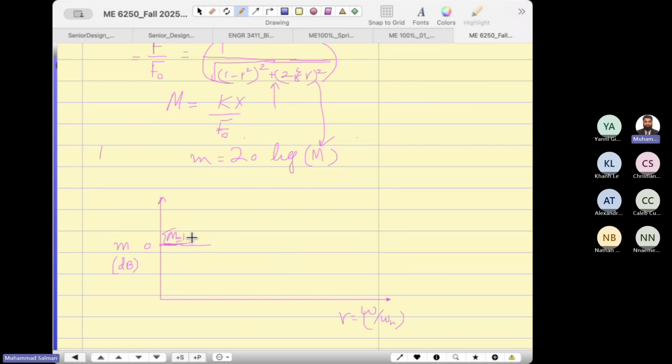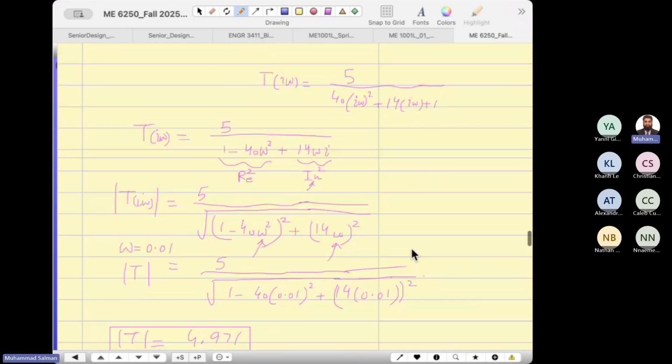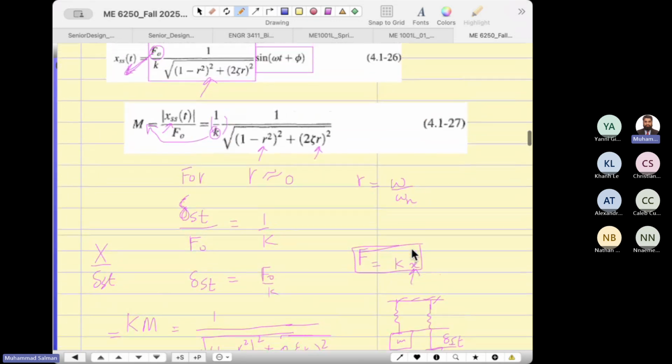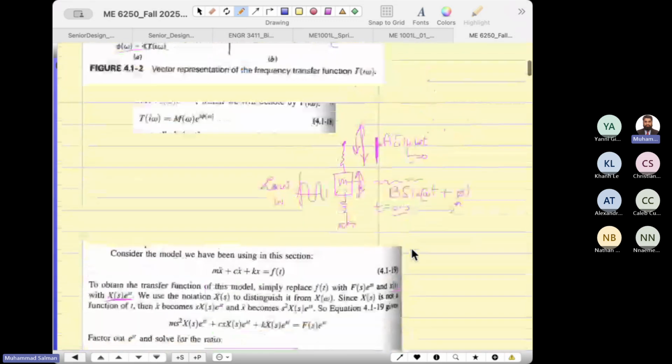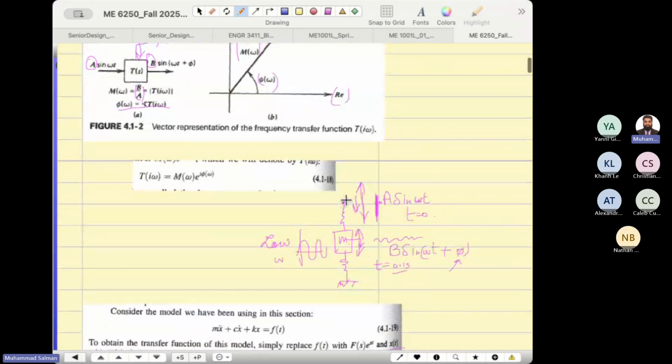What does it mean? I mentioned earlier that if you are holding the mass, attached with one string, like a rubber band, and you move your hand slowly at low frequency, then the same amplitude which you are inputting, you are getting.